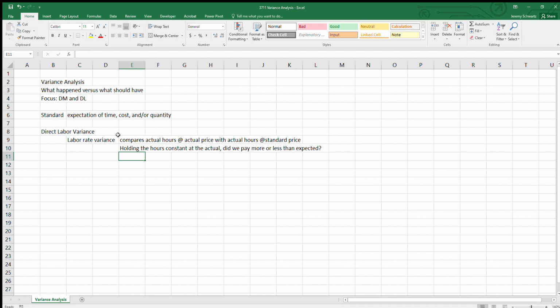What this comes down to is a comparison of actual price with the standard price.